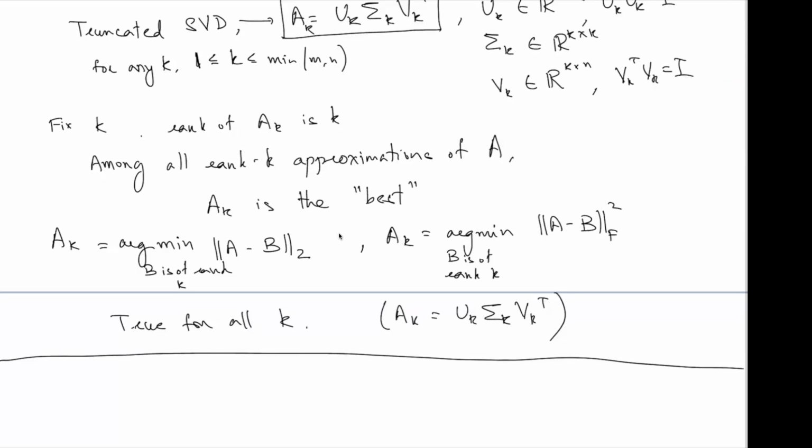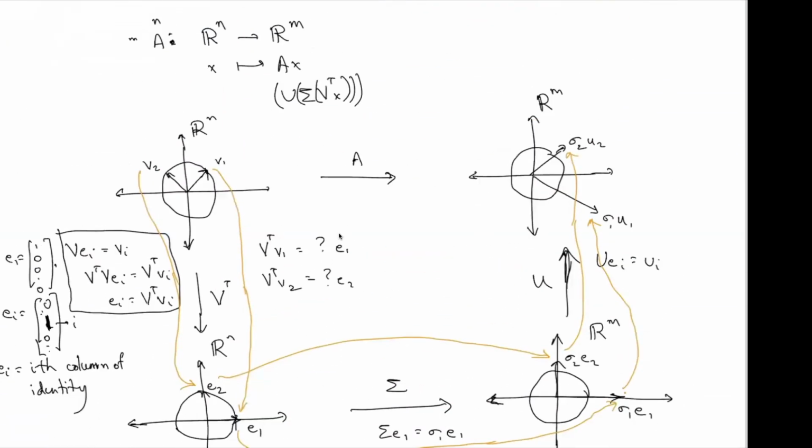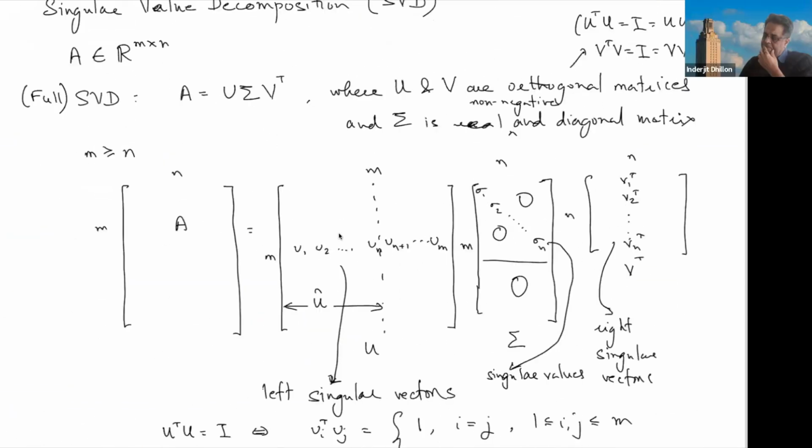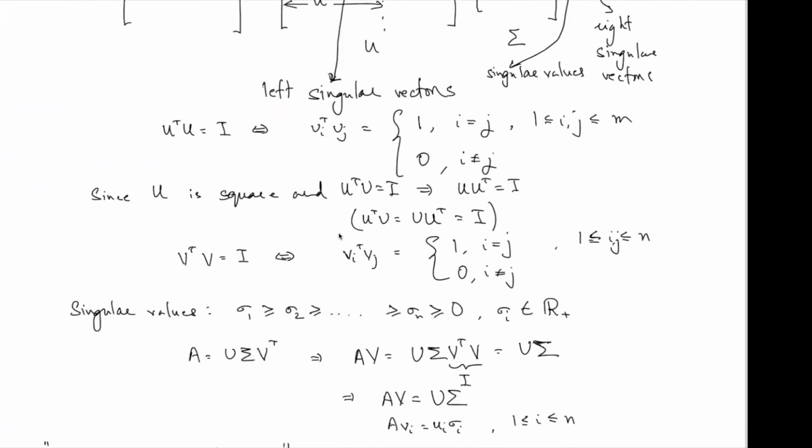I have a question, if I may. Those sigma values, the singular values, sigma 1 to sigma n. When we do the rank K approximation, you mentioned that these are sorted, so sigma 1 is the greatest one, all the way to sigma n.